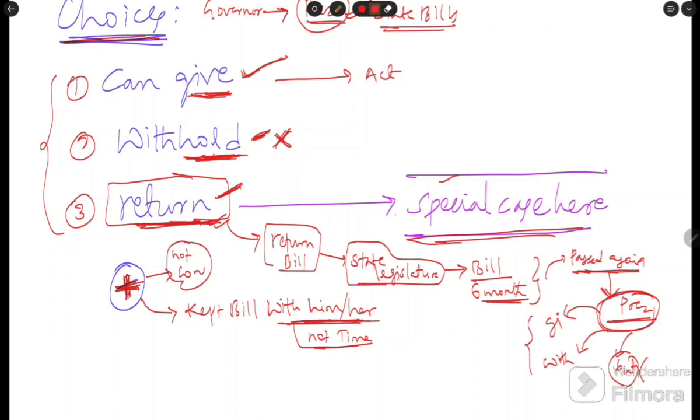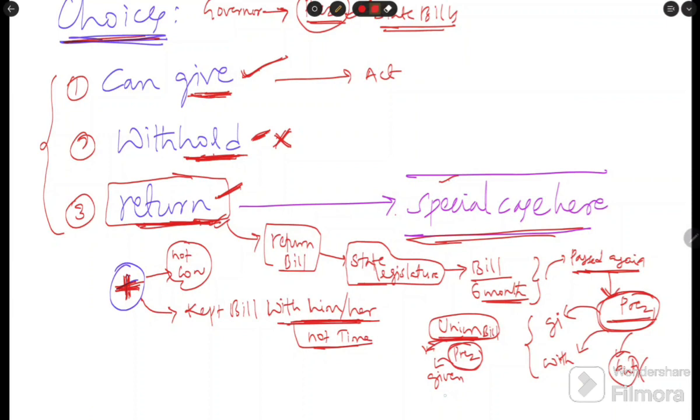But if you see here, in case of union bills, when the president returns these bills, after reconsideration the president has an obligation to give assent.